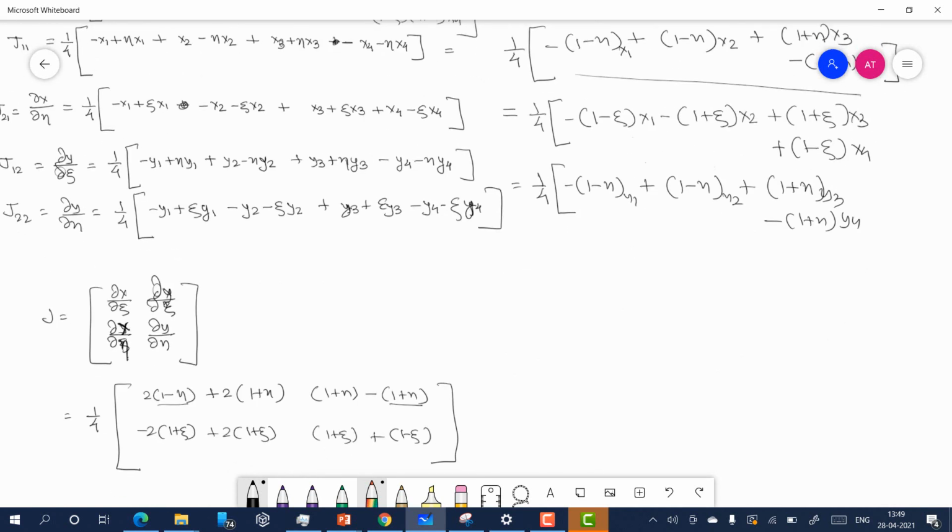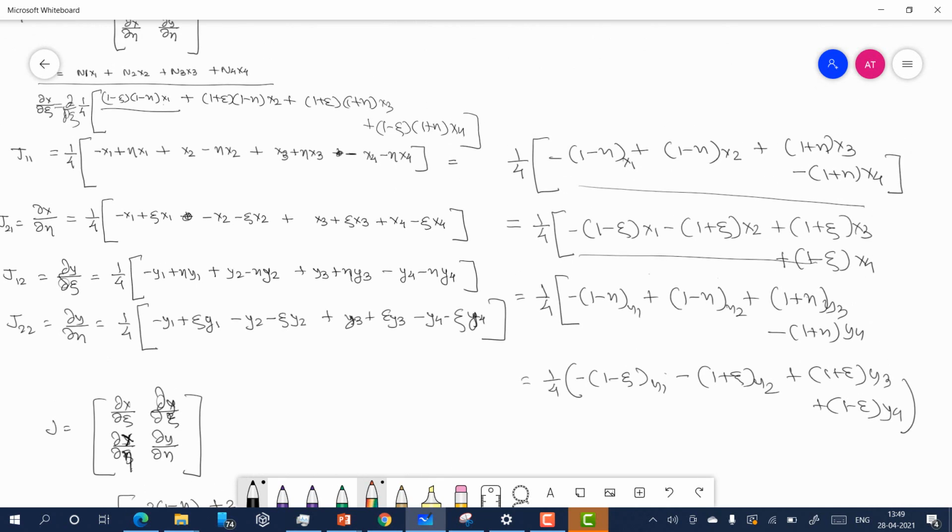And J22 is simply this one, and instead of x we have y, so we have 1 minus zeta, minus 1 plus zeta, plus 1 plus zeta and plus 1 minus zeta, y1, y2, y3 and y4, and this is my J22.